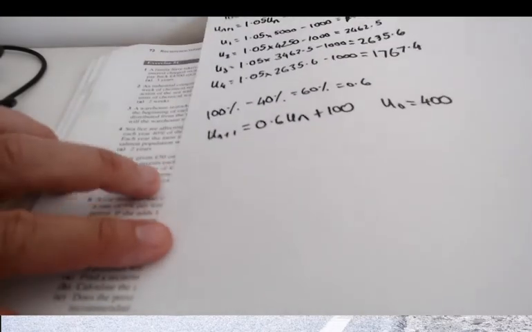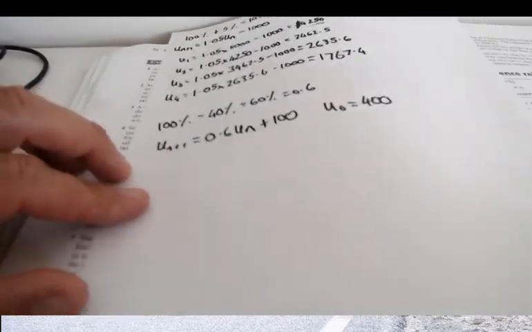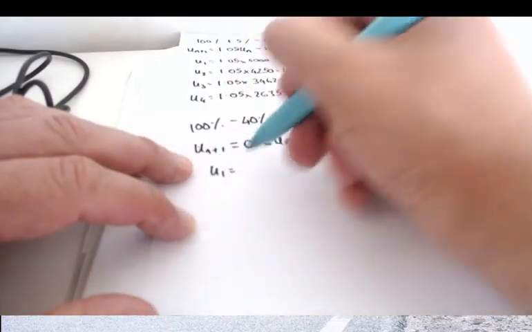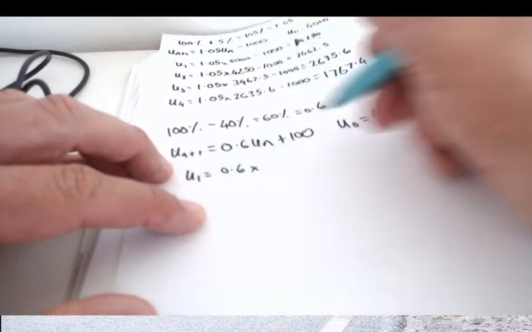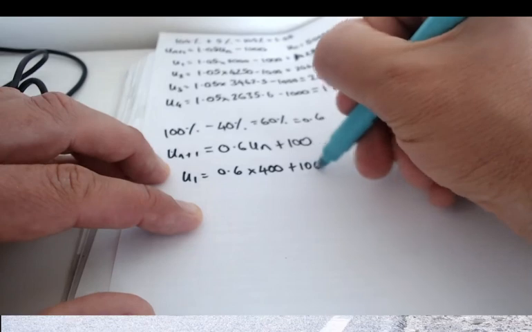So we've got a recurrence relation set up. We need to work out how many salmon we've got after 2 years and how many salmon we've got after 5 years. So U1 will equal 0.6 multiplied by my last answer, add on 100.